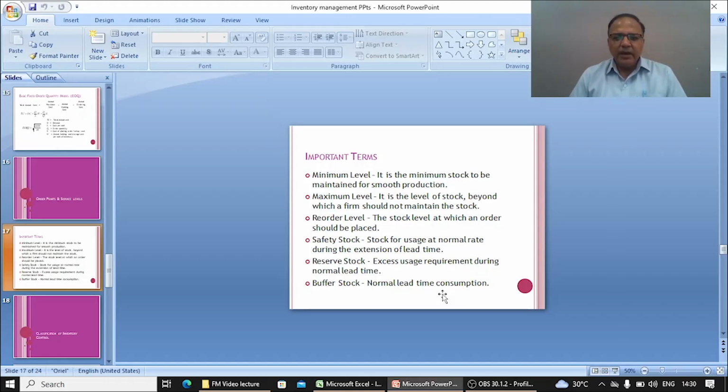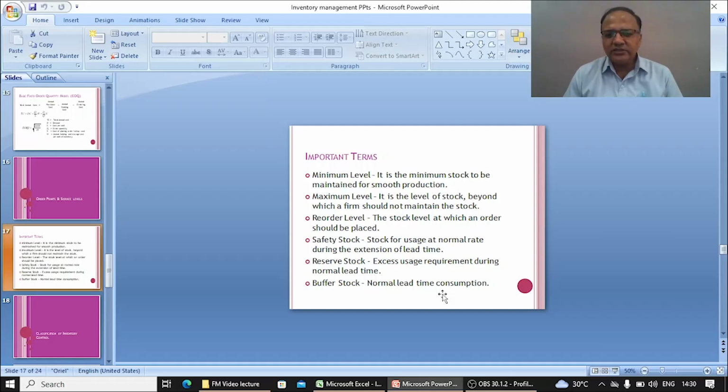There are some important terms which you have to keep in mind whenever you are studying inventory management. Number 1 is minimum level. It is the minimum stock to be maintained for smooth production. So I think it should be very much clear that it's a minimum stock.